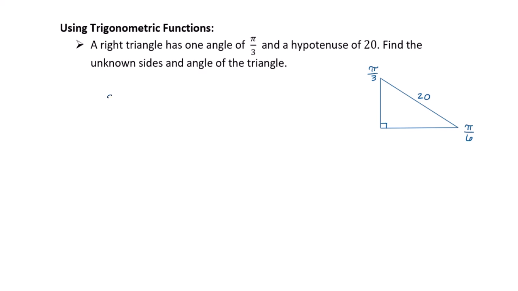How about we take the sine of pi over 3 and we set that equal to the opposite, which I will call x, over the hypotenuse, which is 20. When I solve for x, x is 20 times the sine of pi over 3.